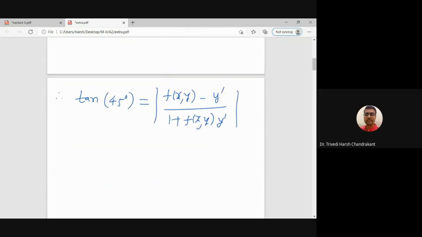So let us see what this gives. So we know that tan 45 degree is nothing but 1, which is equal to modulus of minus x by y minus y dash divided by 1 plus minus x by y times y dash.